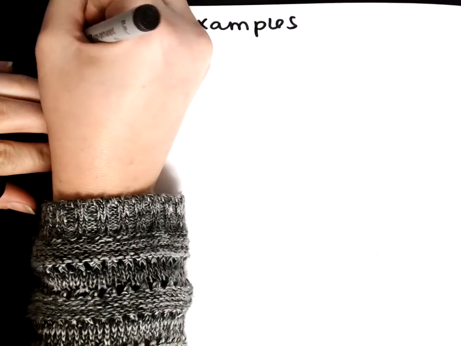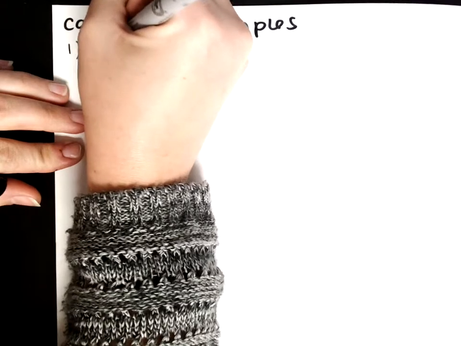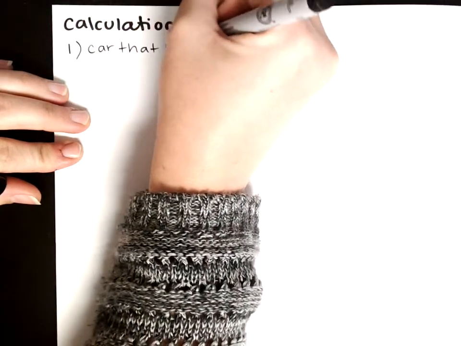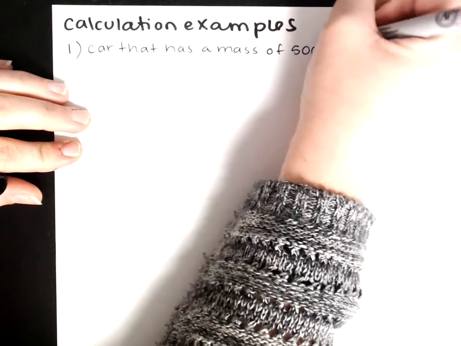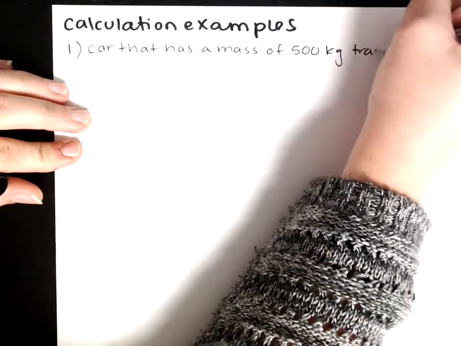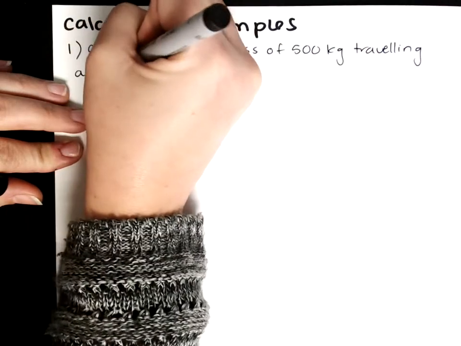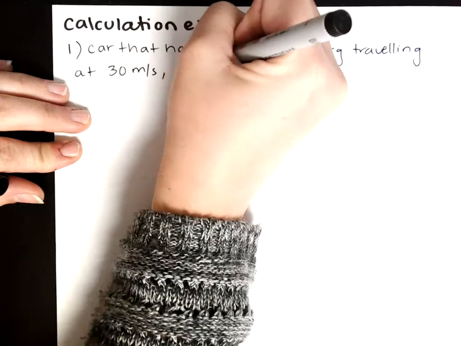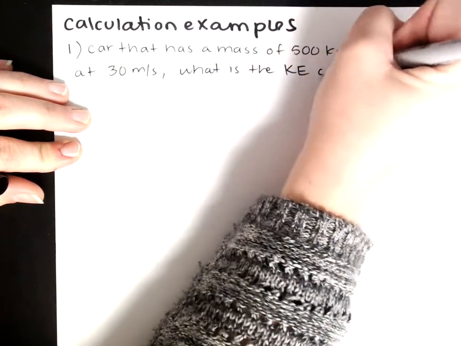You have plenty of practice in your book if you need extra practice. So one, a car that has a mass of 500 kilograms, traveling at 30 meters per second. What is the kinetic energy of the car?